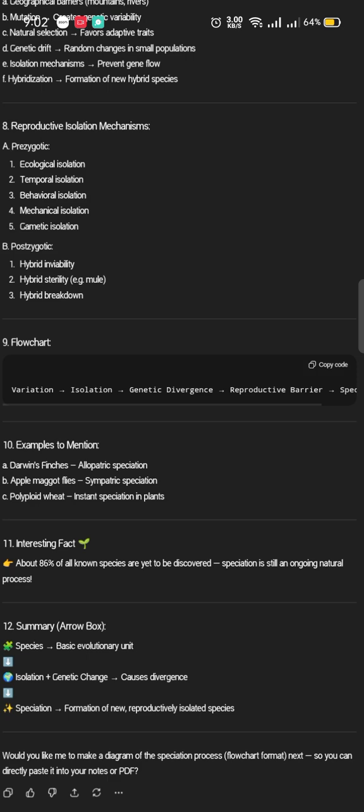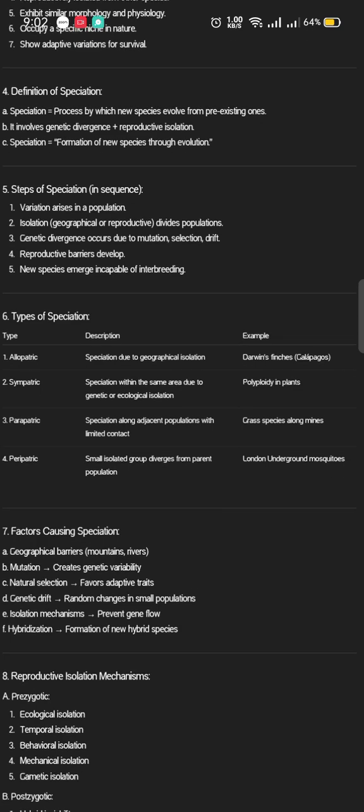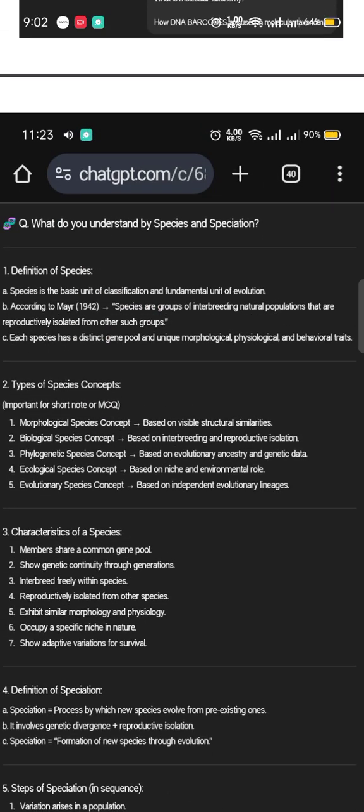Okay. Species are the basic evolutionary unit. Isolation and genetic change cause divergence, and speciation is the formation of new reproductively isolated species. To revise: species can interbreed but are reproductively isolated from other groups.